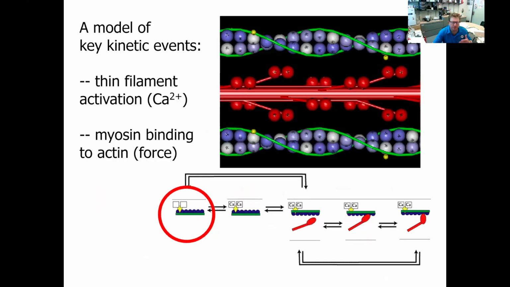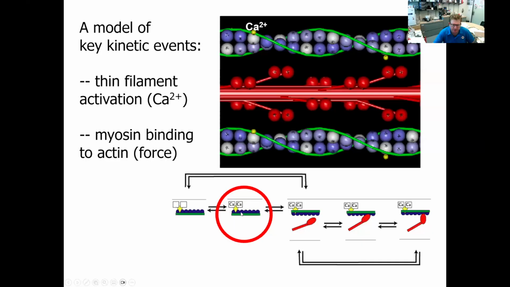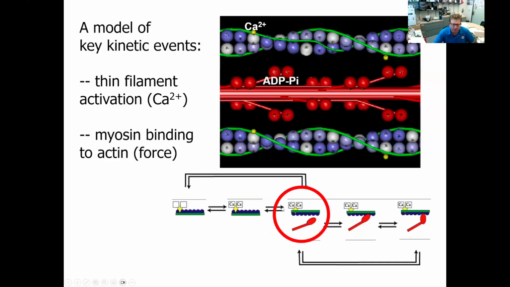Just to describe some of the kinetic interactions that you'll see today, what's behind them is a kinetic scheme where you have no calcium binding, then calcium comes into the system and activates the thin filament. In this state the thin filament is activated, but the cross bridge is not attached, with the ADP and phosphate after ATP hydrolysis.